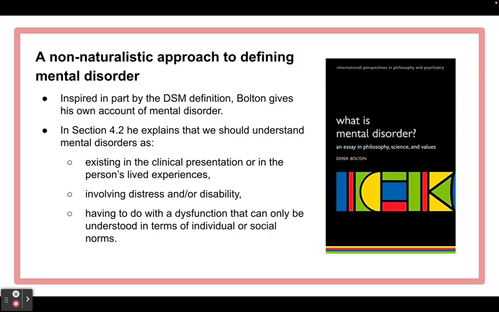Okay, so Bolton gives an explicitly non-naturalistic approach to defining mental disorder, and it's inspired to some extent by this DSM definition. This is mostly given in section 4.2. He gives several bullet points in that section. I only talk about a few here because this video in general doesn't really talk about everything Bolton talks about in chapter 4. He talks about disruption of meaningful connections.